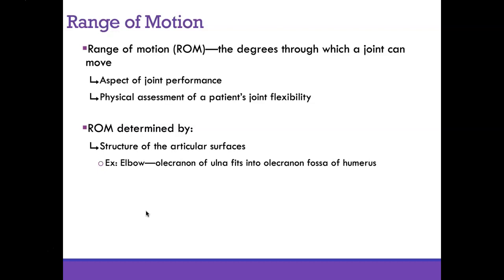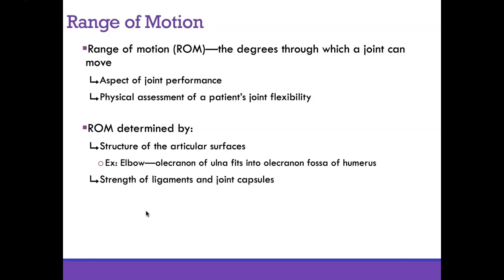So for example, the elbow is a hinge joint, and it works because of the structure of the bones in the elbow. So the olecranon of the ulna fits into the olecranon fossa of the humerus. And because of the structural compatibility, this allows flexion at the elbow.